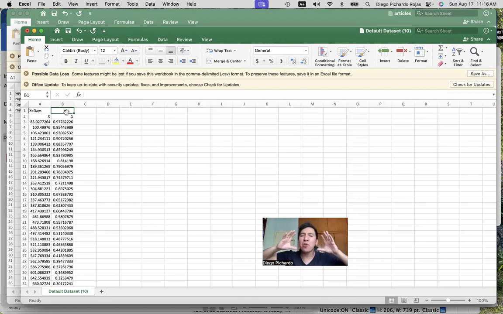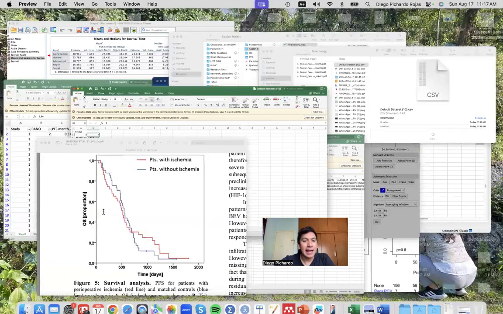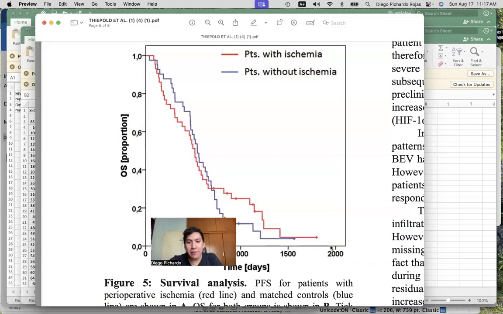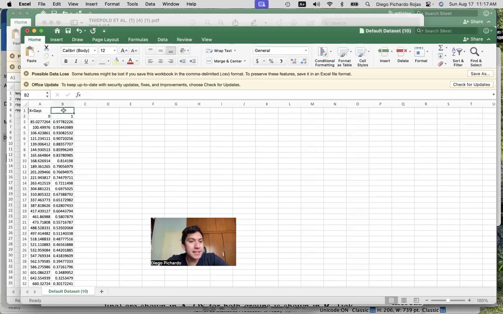It's the percentage of patients at any point in time that have not reached the outcome. All right? So at the beginning, 100% were alive. So 100% have not reached the outcome. And at this point, in theory, we have a 0, which means that all patients died. All right? So in here, this is the percentage of patients alive. All right?